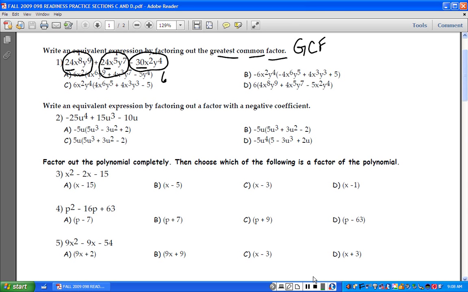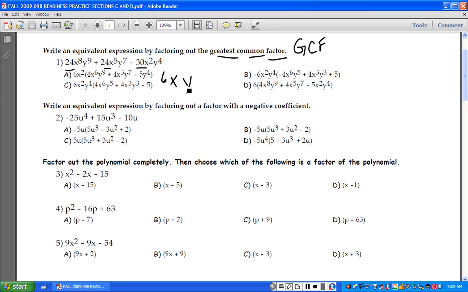Okay, so let's clear this up a little bit. Erase that. Now, we've decided that x exists in each term and that y exists in each term.